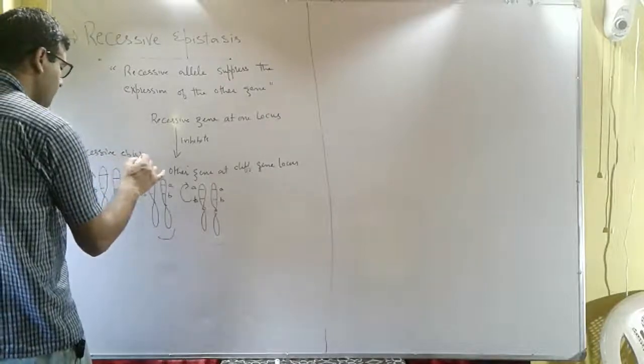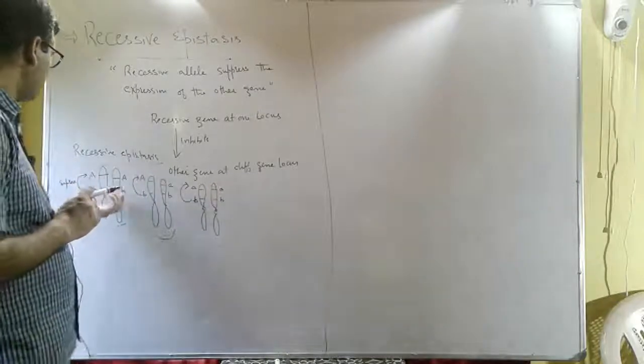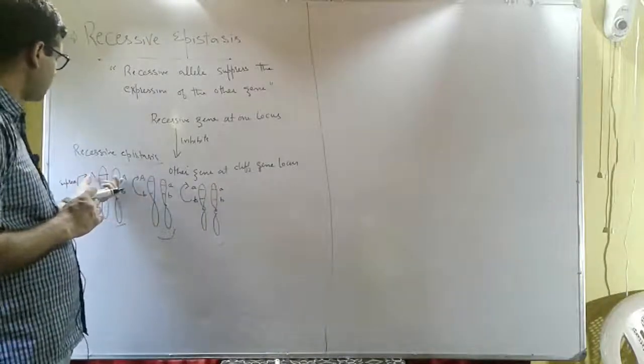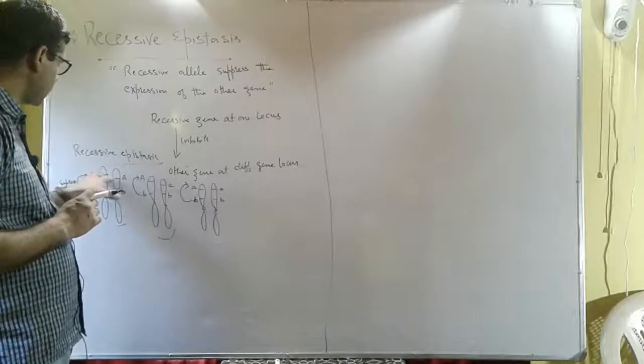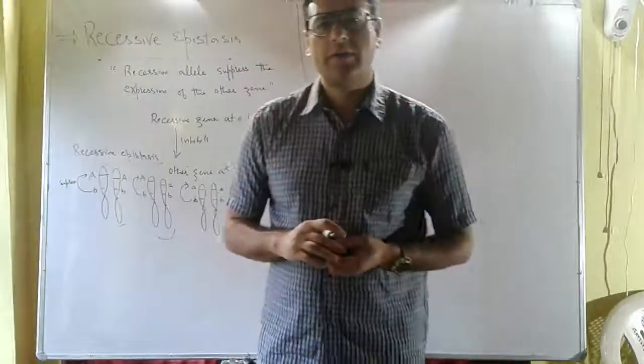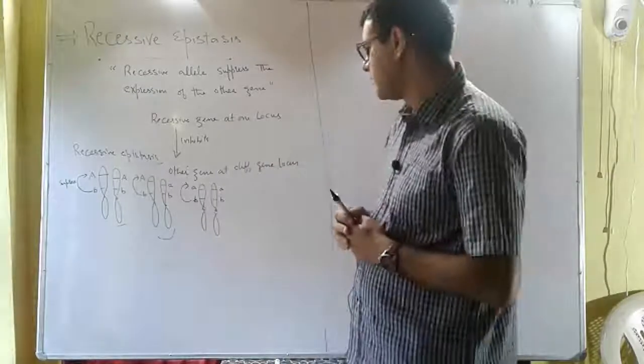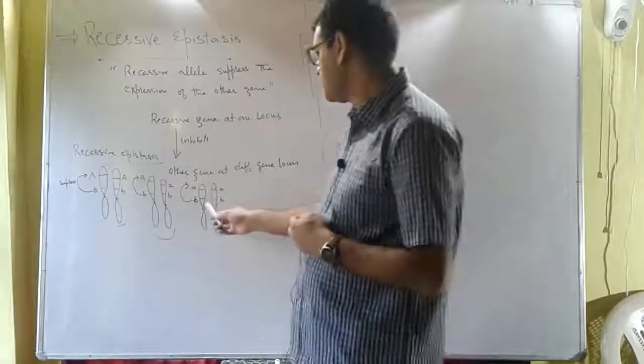That means in case of recessive epistasis, the recessive allele of the gene suppresses the expression of the other gene at a different locus. That other gene can be the dominant allele of a gene or the recessive allele of the gene.